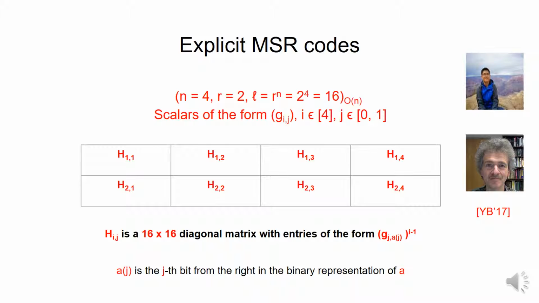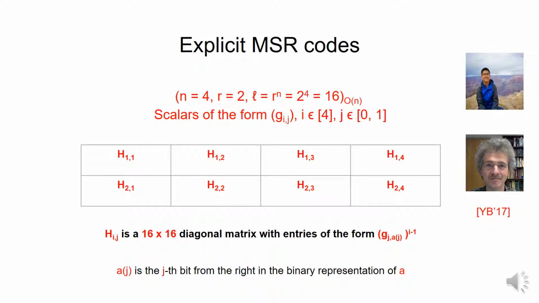So what I'm going to do is define an R cross n matrix, which is essentially RL cross NL, but I'm going to define them as block matrices. So you have H11 to H14 in one row, H21 to H24 in another row. And if you see, each block matrix that I have is a diagonal matrix with entries of the form g_{j, a_j} raised to i minus 1. So for the first row, essentially you just have 1 because i is 1, right?